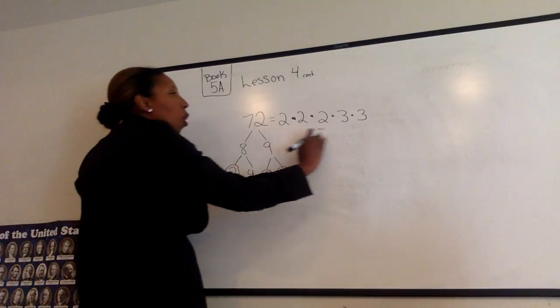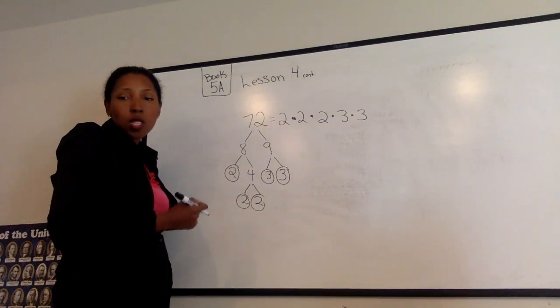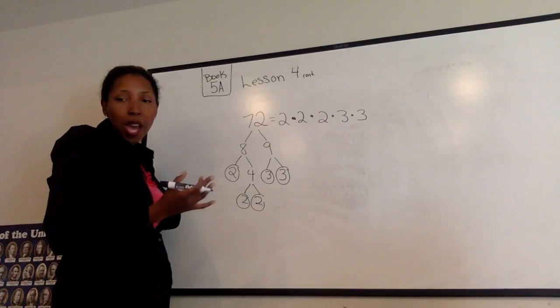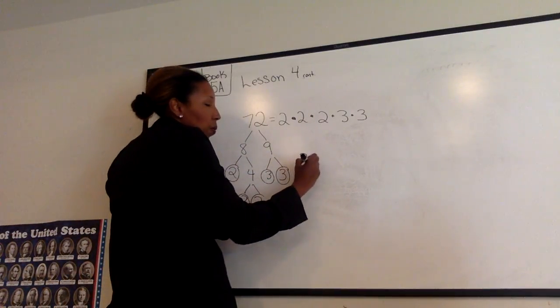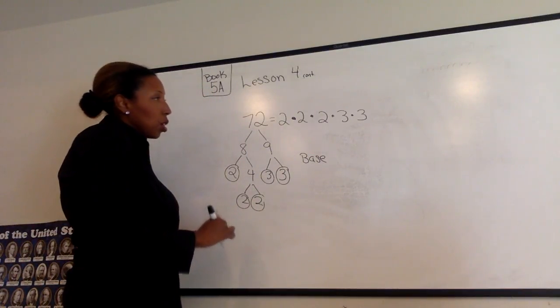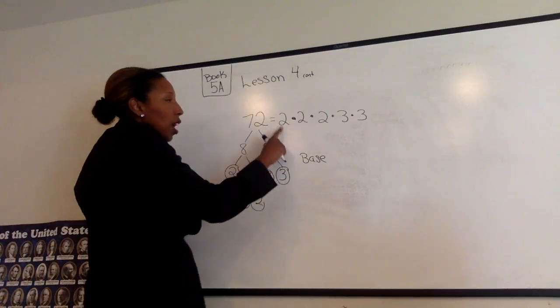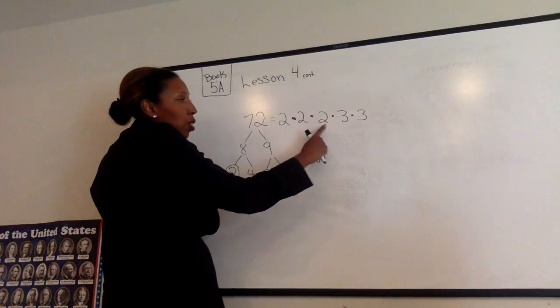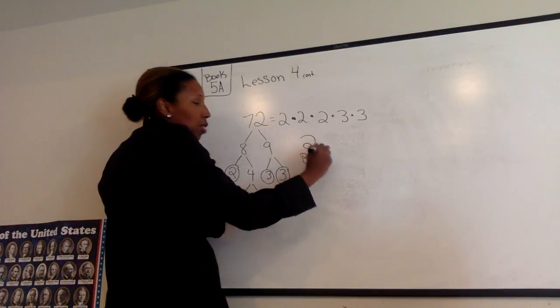So we can write all of that out every time, or we can do something that's called exponents, and we use powers. So when we do exponents, we have a base number. The base number is the number that we have multiple times. So here I have 2, and I see 2 three different times. So the number I'm talking about is 2, so that's my base.